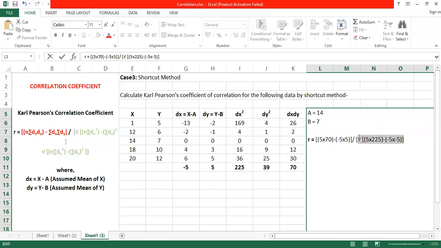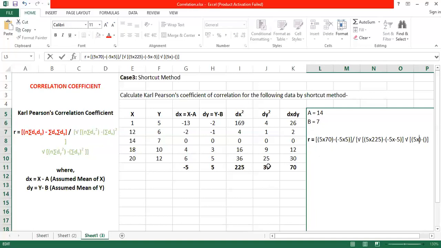Next, we even need to calculate the same thing for y. I'm just taking it off, and even taking this off, right? So let us come for the next part. It is square root n. N is 5 into sigma dy square.